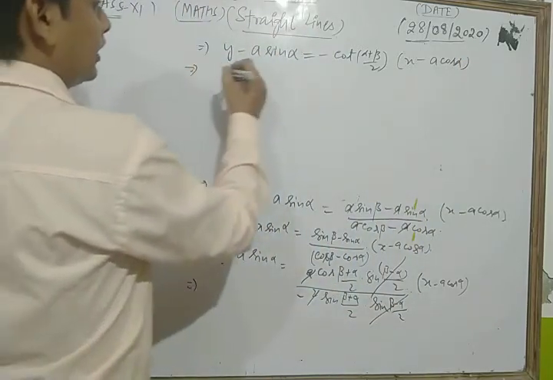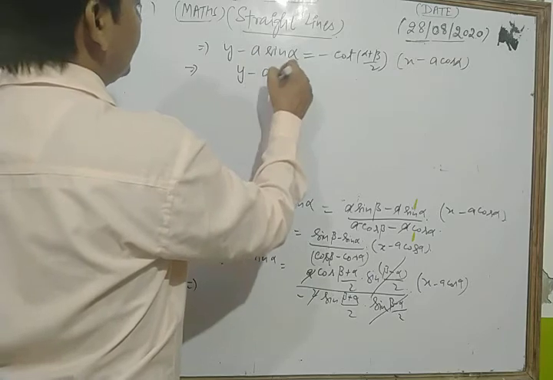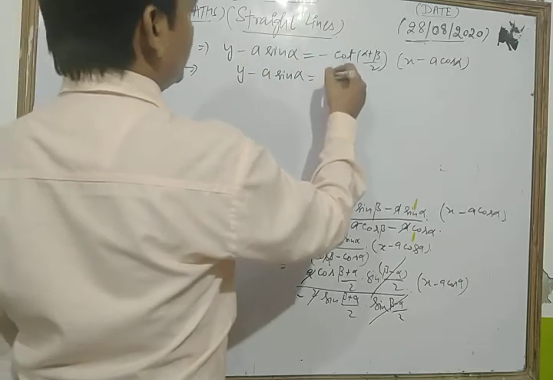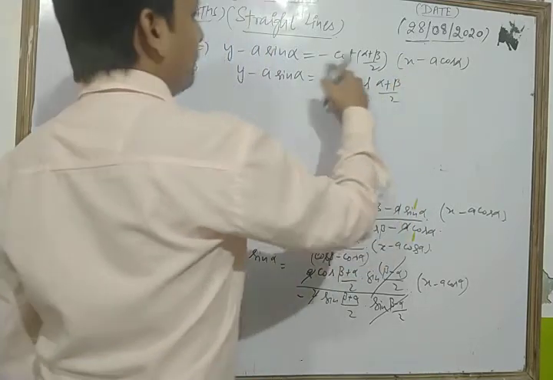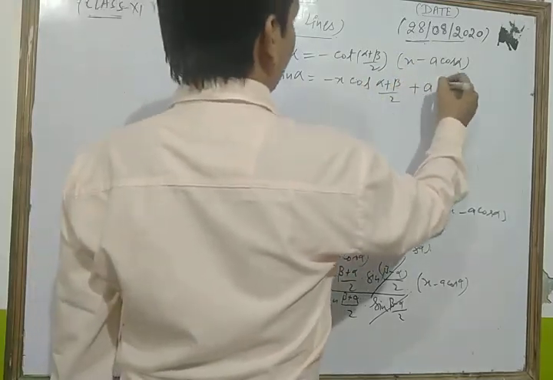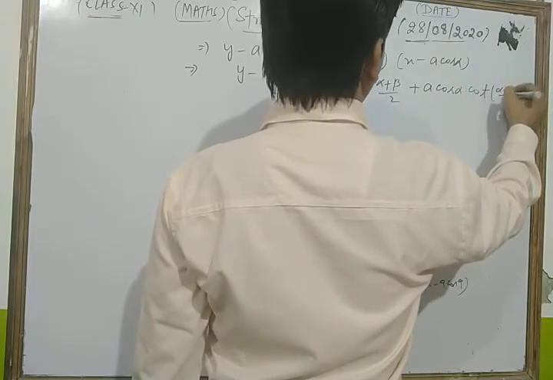We multiply that value, so we get y minus a sin alpha is equal to minus x cot of alpha plus beta upon 2 plus a cos alpha into cot of alpha plus beta upon 2.